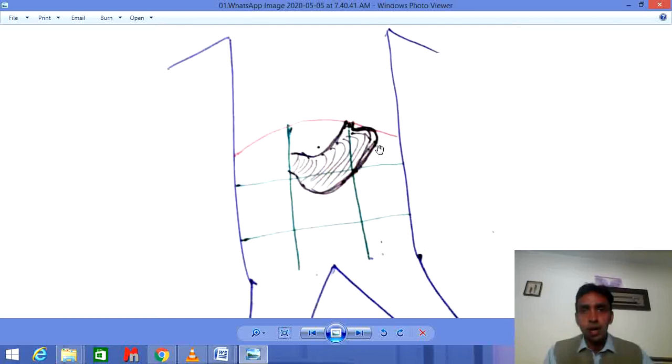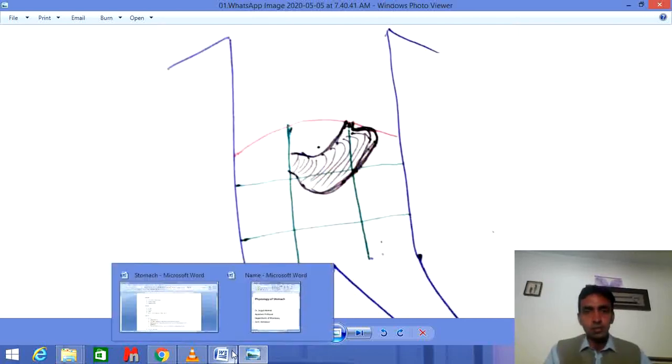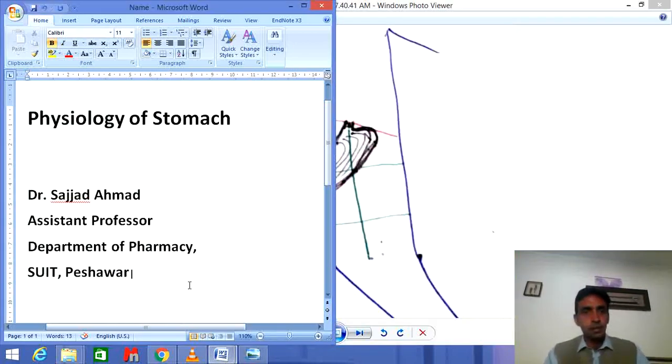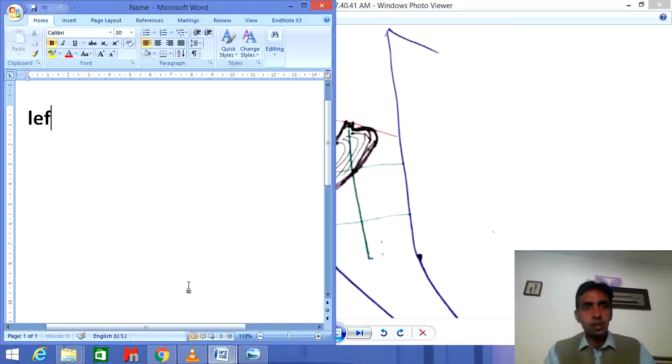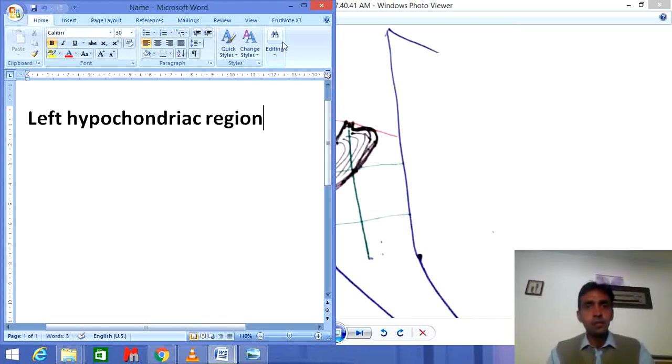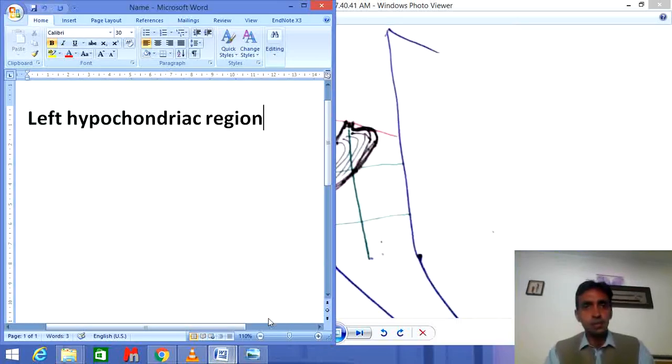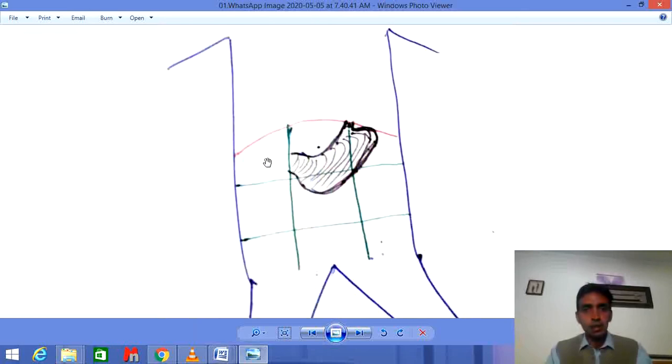This region is called the left hypochondriac region. This part is called the epigastric region. This part is called the right hypochondriac region.